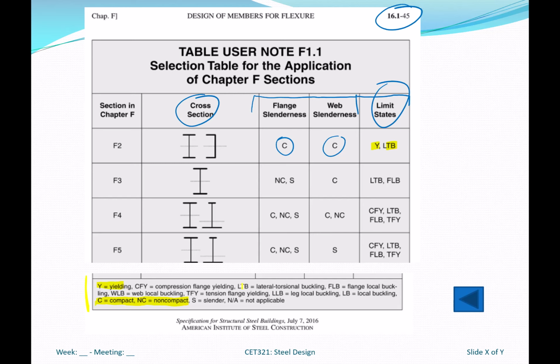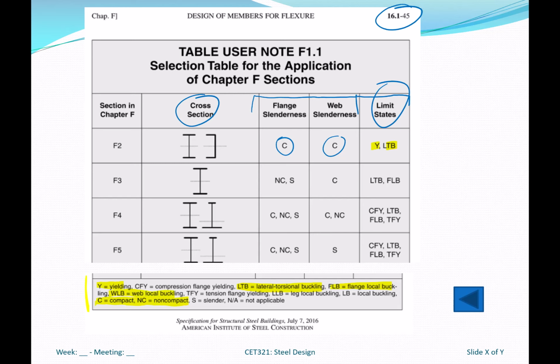Okay, LTB, lateral torsional buckling. That's between those two limit states. We'll deal with that. That will cover most of our discussion. Okay, but we do have to watch for flange local buckling, where the flange would buckle before the entire section. Web local buckling, we'll see, doesn't really happen too often.